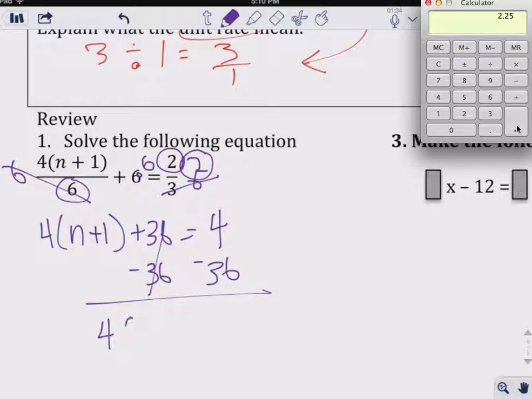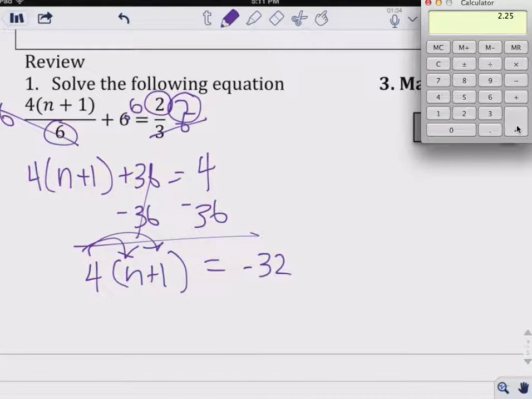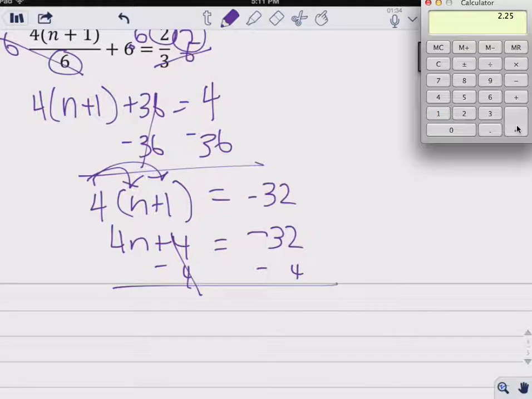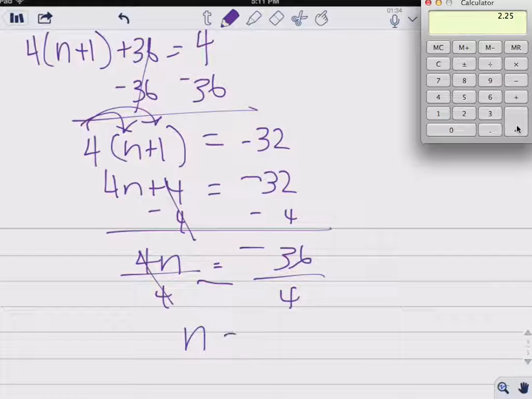Four parentheses n plus 1, negative 32, distribute for n plus 4. Remember, there's many ways to do these problems. And then negative 9.